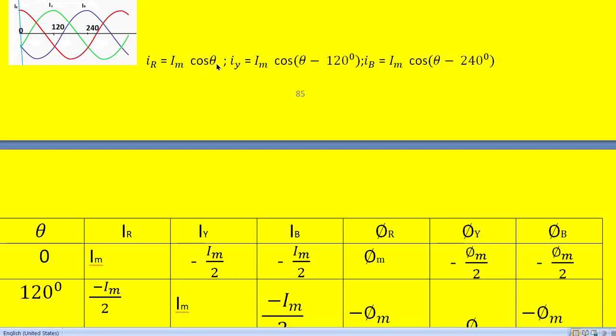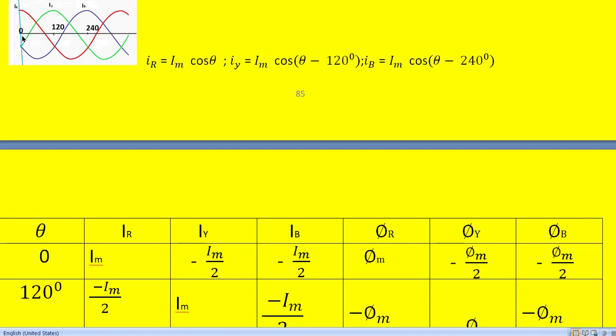Cos 0 means 1. So we get the IR value maximum. That is what we get here. And we can see with the waveform that at 0 degrees we are getting IR maximum like this. Similarly, it produces the same maximum flux, and that we can see here as phi m.